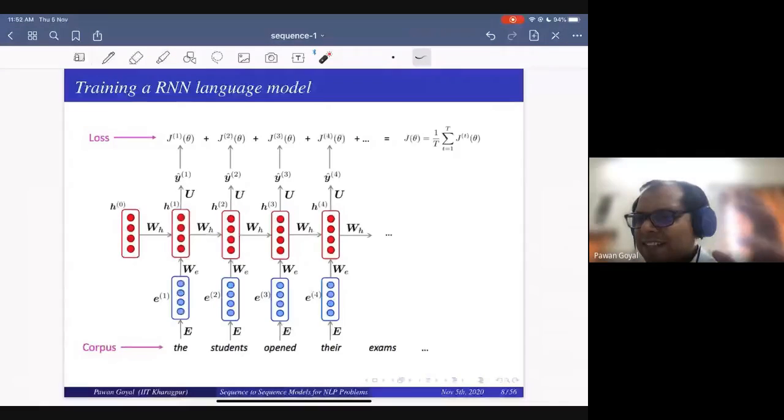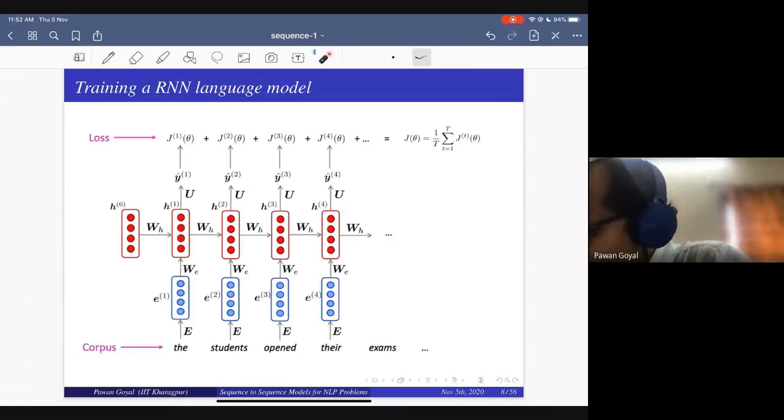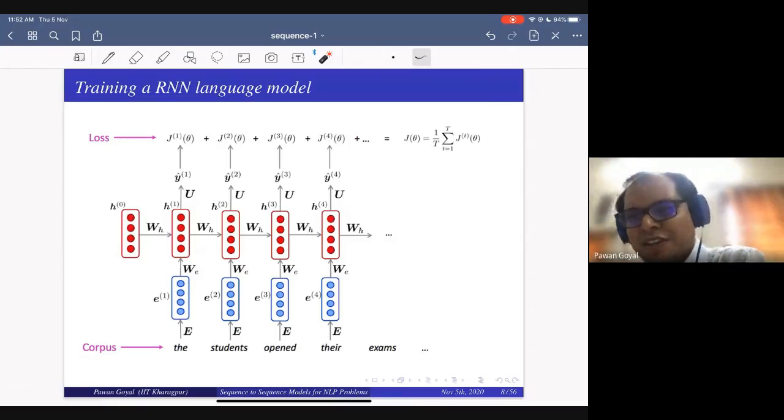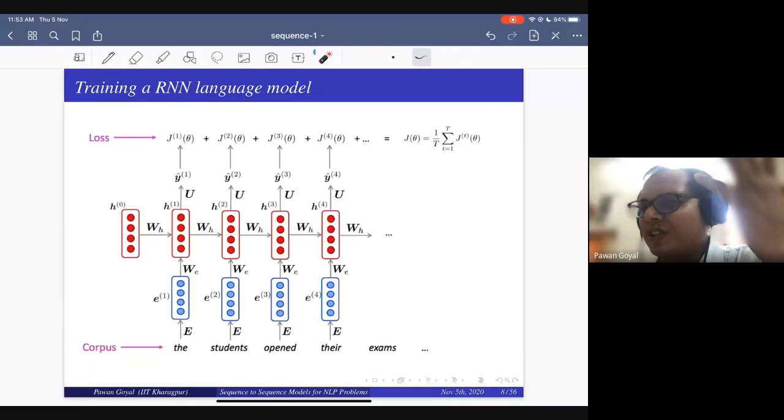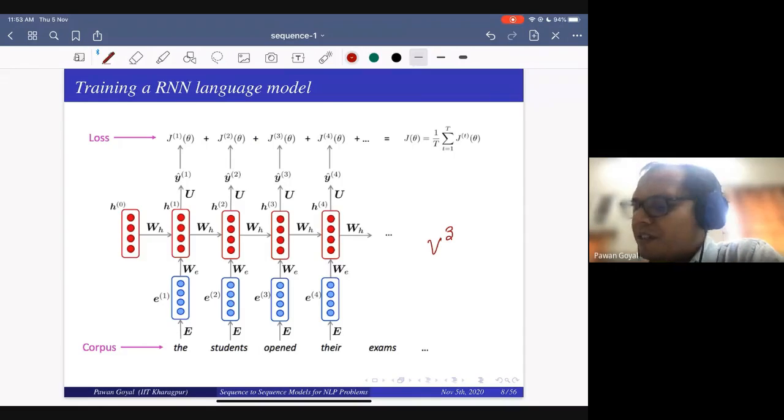By saying that my language model is trained, what I mean is that the three matrices, this, this, and this, are trained. That's all. The good thing is that these generally are not very large and you can fit them in a very small memory. The previous n-gram language models used to be huge, of size T to the power 3, where T is your vocabulary size.